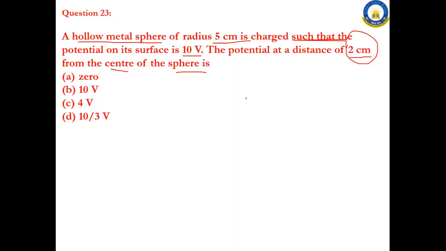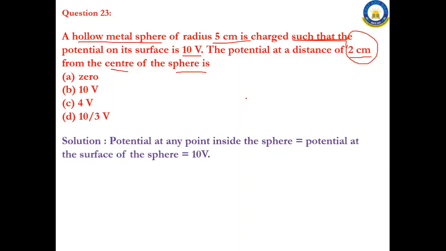So can you tell me what could be the answer? Yes, some of you have guessed correctly, I think. The potential at any point inside the sphere is equal to the potential at the surface of the sphere. Because the point is 2 cm inside the sphere, it is the same as the potential on the surface of the sphere.